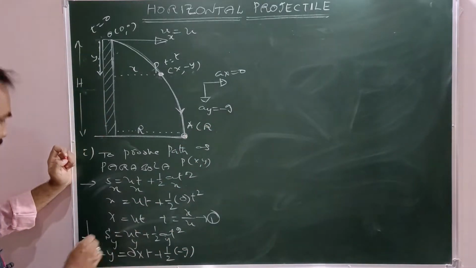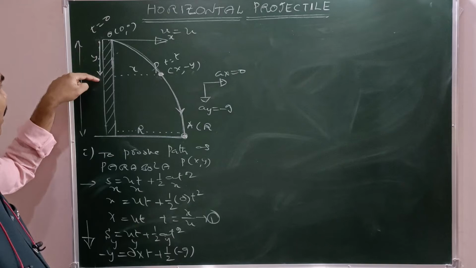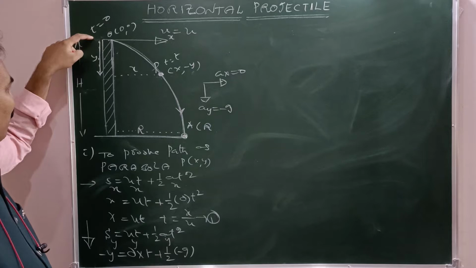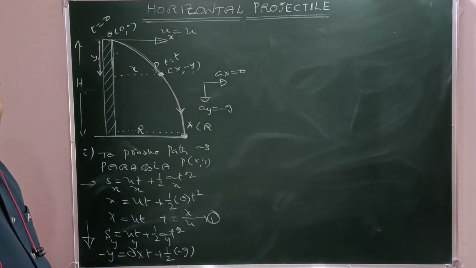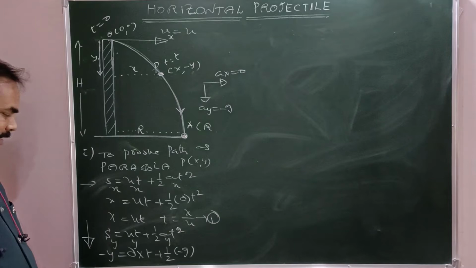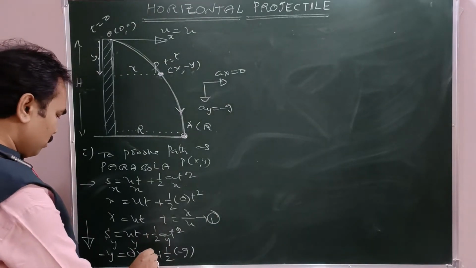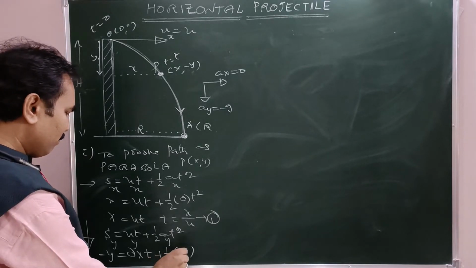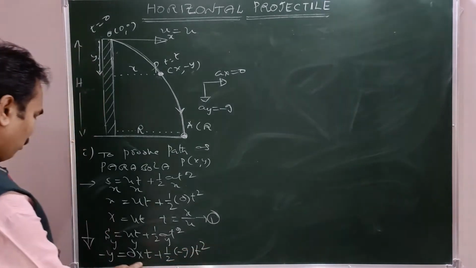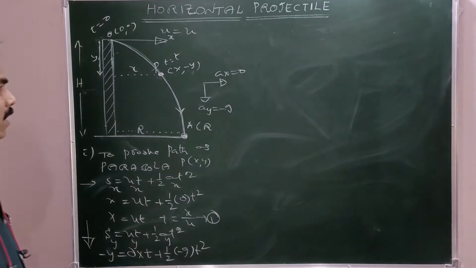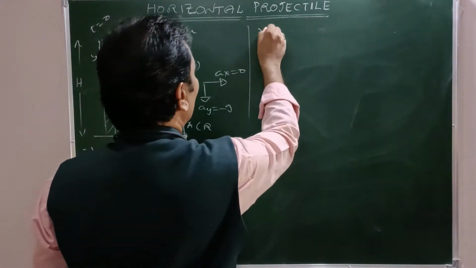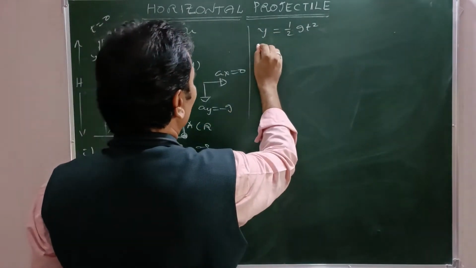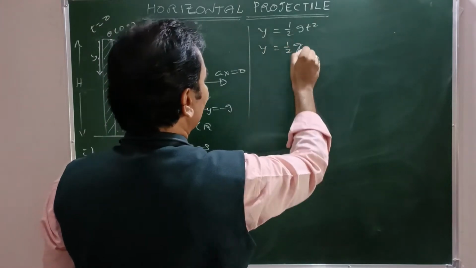Here sy means minus y. On reaching position P, the vertical displacement covered by the body from here to there is y with negative sign towards negative y-axis, that's why minus y. So minus y equals 0 into t plus half of minus g into t square. Minus minus cancel, so y equal to half g t square.